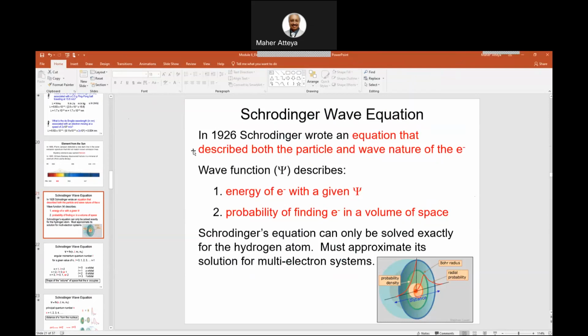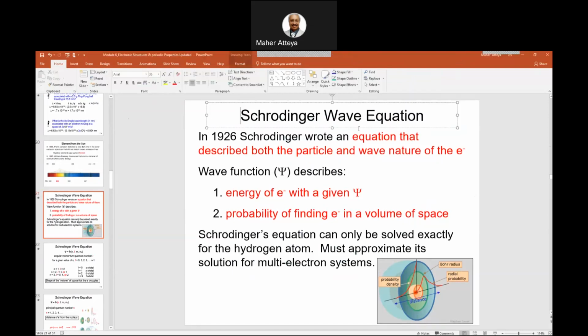Believe it or not, on the first day when I was in Germany in chemical engineering, we had to learn all the derivations and calculations of this guy, Schrödinger, the German. That's about 8 or 9 or 10 pages you have to memorize of how he came up with this solution.